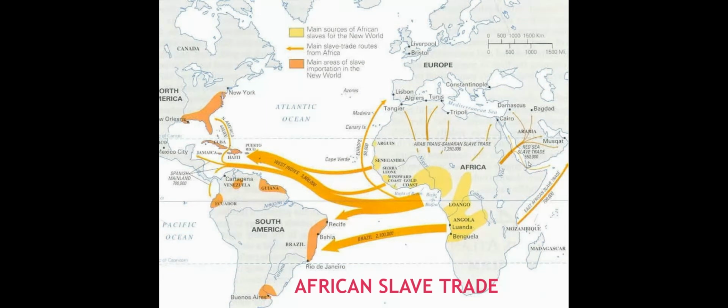The Red Sea, 550,000. As part of the Saharan slave trade network, 1.25 million people. The East African slave trade across the Indian Ocean, guys, 700,000 people. So these were all human lives that met a tragic end as part of the African slave trade.